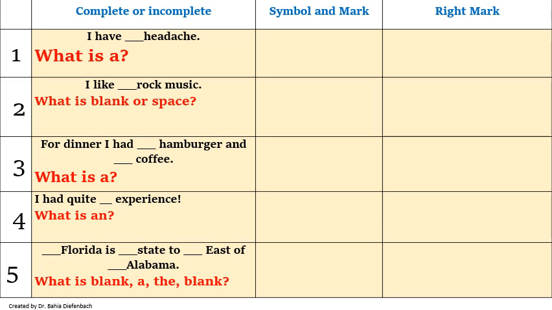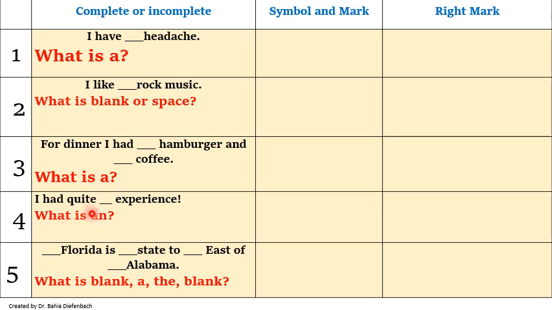All right. So, did you get the answers? Let's see. For the first one, what is A? If you get it right, give yourself a score of 1. The next one, what is blank or space? Because what you say is, I like rock music. There's nothing here. Third one, for dinner, I had a hamburger and a coffee. So your answer is, what is A?